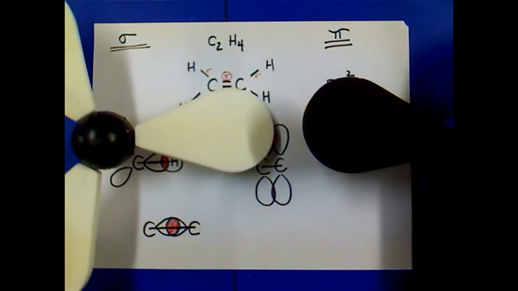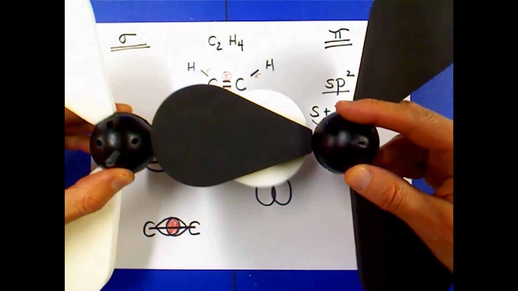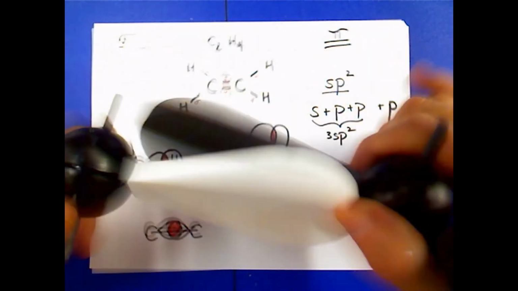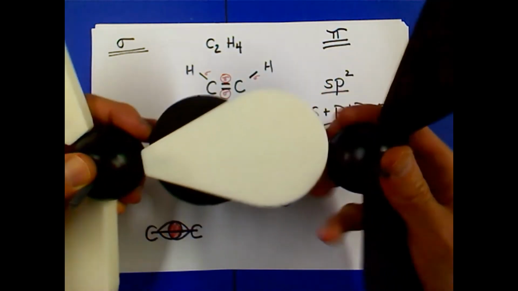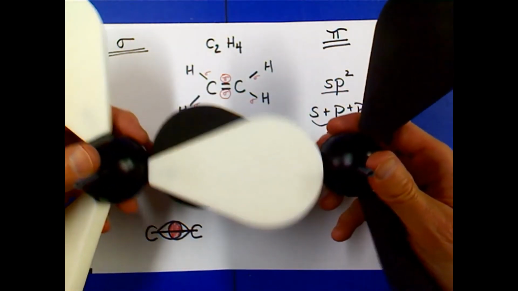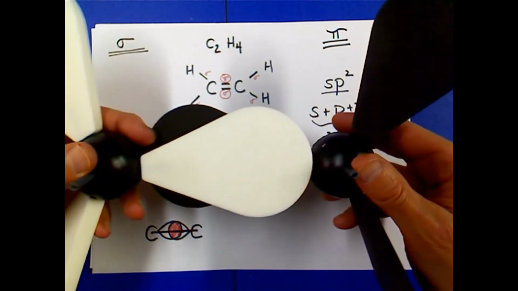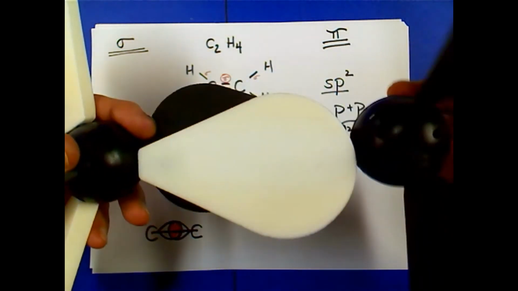And we can envision bringing these 2 carbon atoms close together and seeing an overlap. See the overlap between the 2 sp2 hybrids. That's going to form the sigma bond involved in the double bond between the 2 carbons. That's the first part of the double bond. And what we can notice is I can actually rotate this carbon over here relative to the other one.